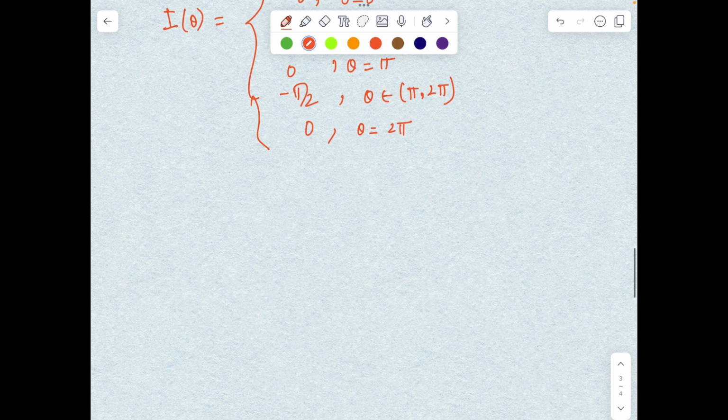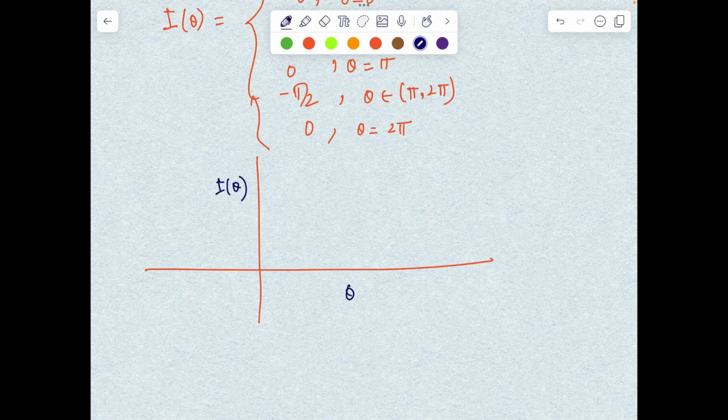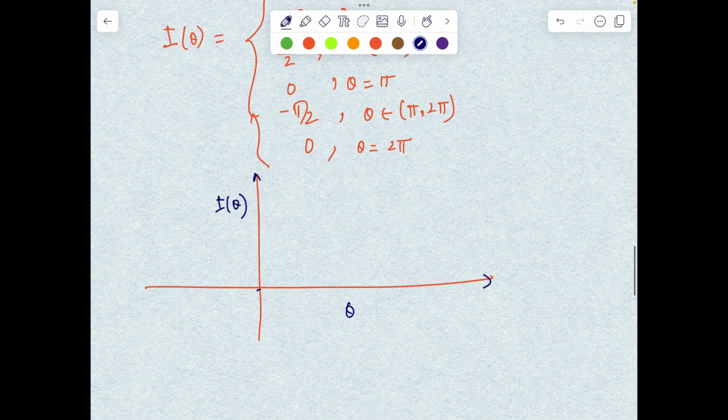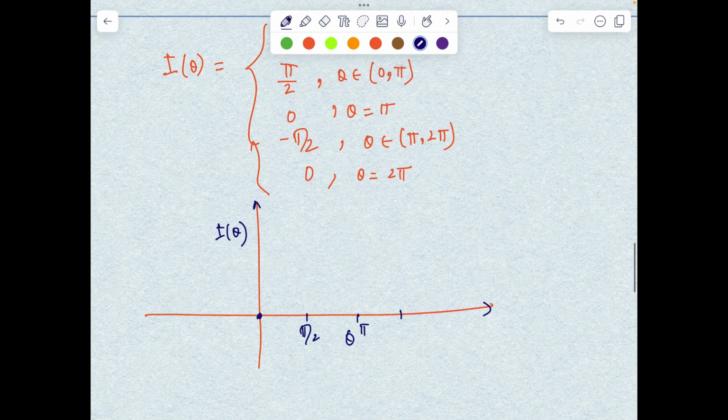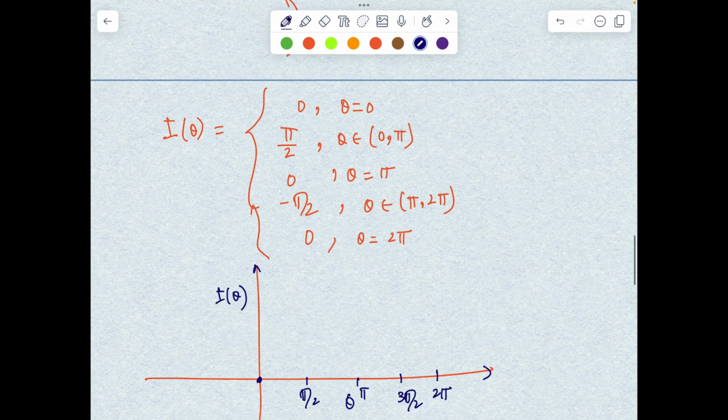So this is how I theta versus theta will look like. You can also visualize this geometrically. So let me plot I theta versus theta geometrically in the interval 0, pi over 2, pi, 3 pi over 2, and 2 pi.